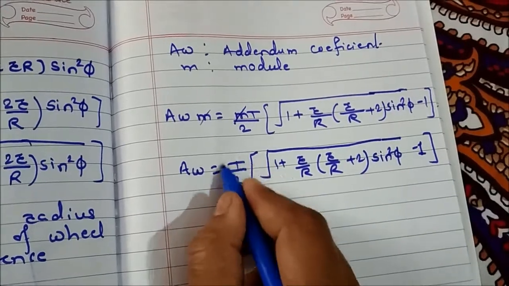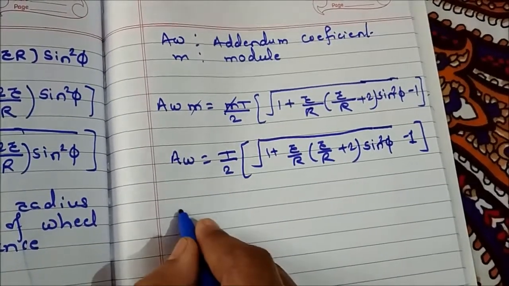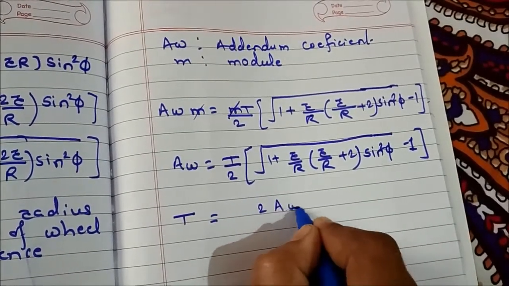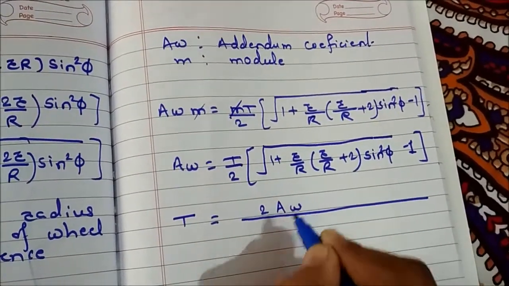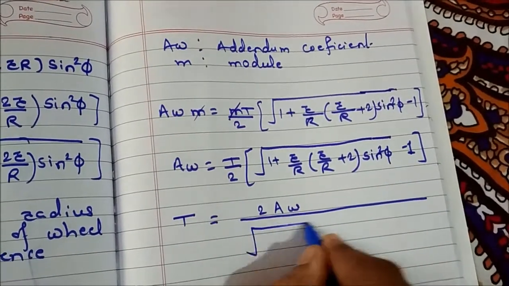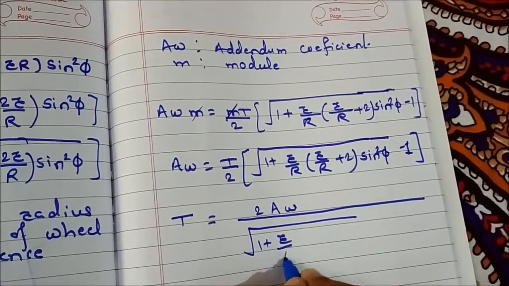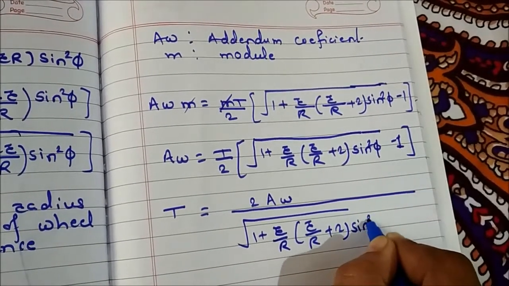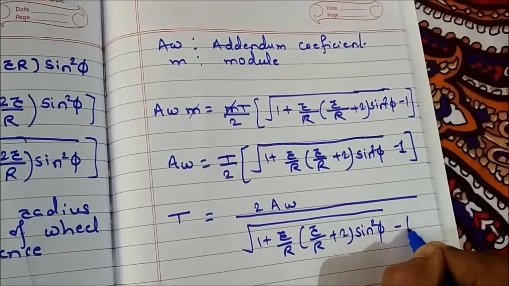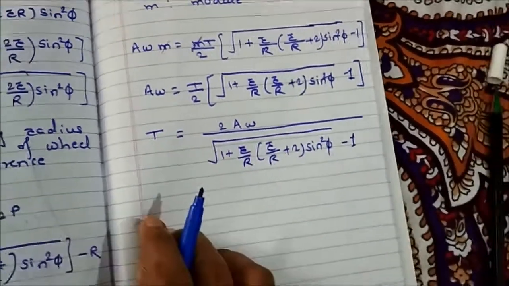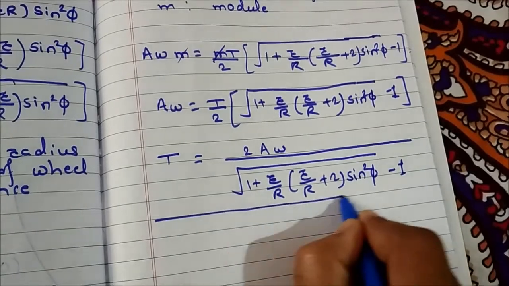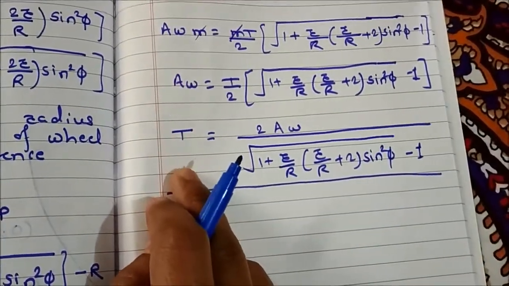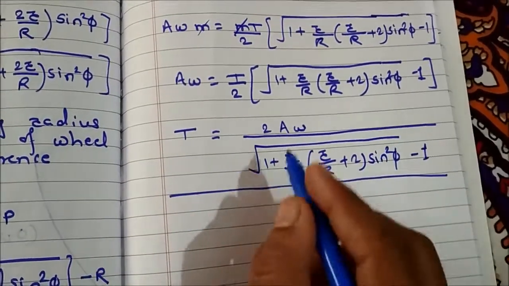Let's shift this T to the other side. So T is equal to 2AW divided by this whole bracket, that is under root of 1 plus r upon capital R, small r upon capital R plus 2 sine square phi inside the root, and minus 1 outside the root. This is the limiting value of number of teeth, or we can say that this is the equation for minimum number of teeth to avoid the interference.